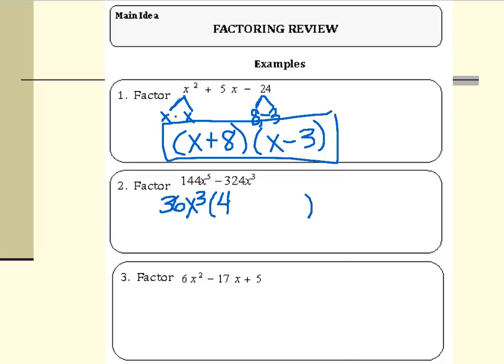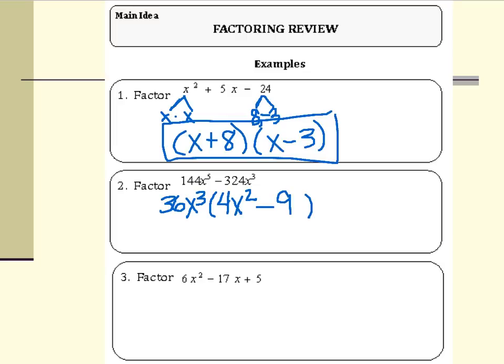And x to the 5th, if I take x to the 3rd out, that'd give me x squared. Minus 324x to the 3rd divided by 36x to the 3rd. Well, my x to the 3rds cancel, so 324 divided by 36, that would leave me with 9.